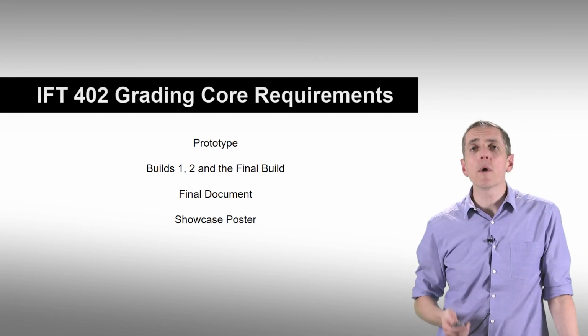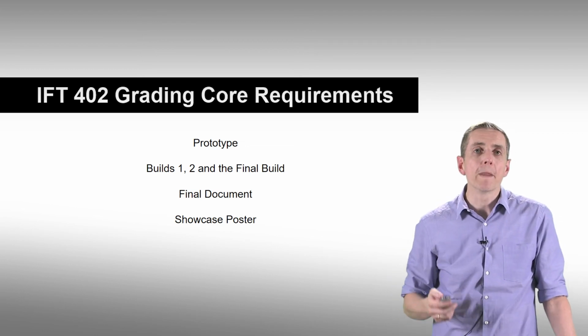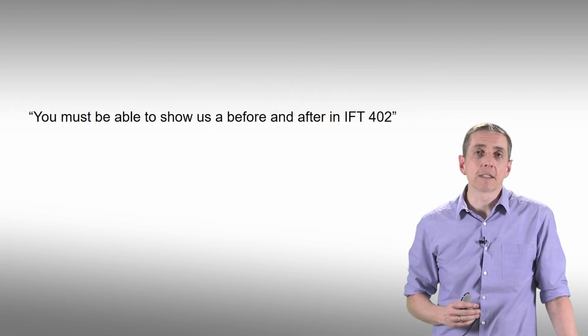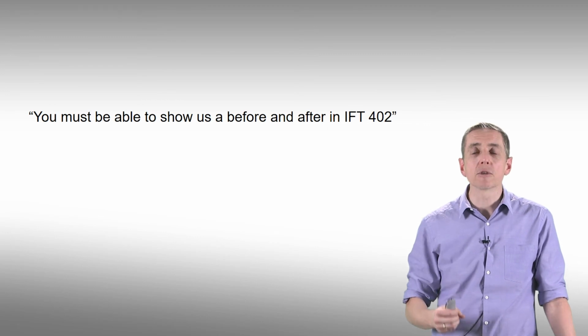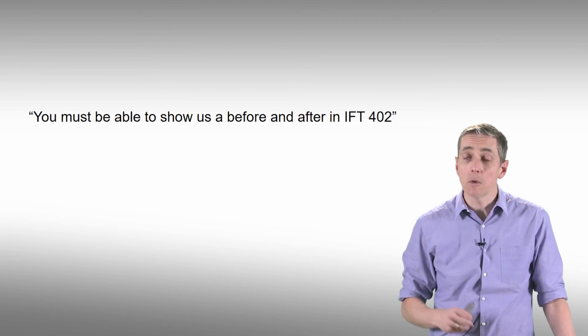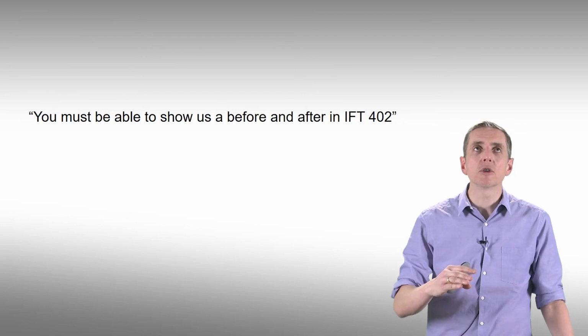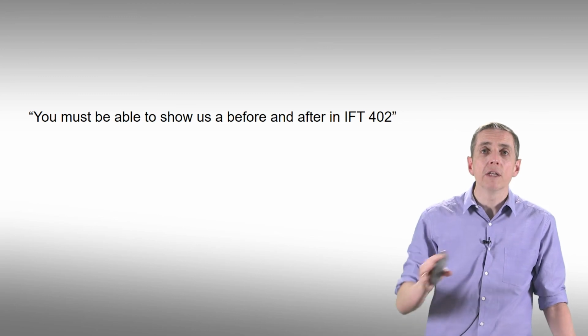Okay, so the final thing I want to look at, and it kind of follows on from this 402, and it's a key point, and I want to make sure I got it in, is this. Regardless what project you do, you must be able to show us your final deliverable. You have to be able to do that. It's been an issue in the past, and some students, it's not their fault. It's the companies that they're doing the project for change the goalposts.